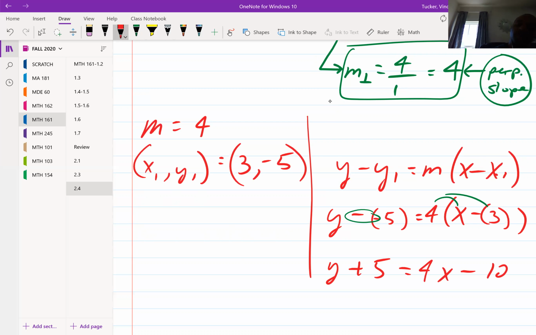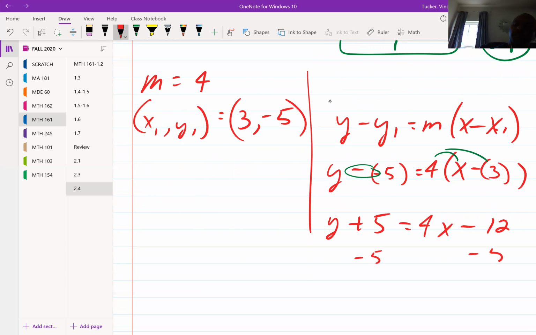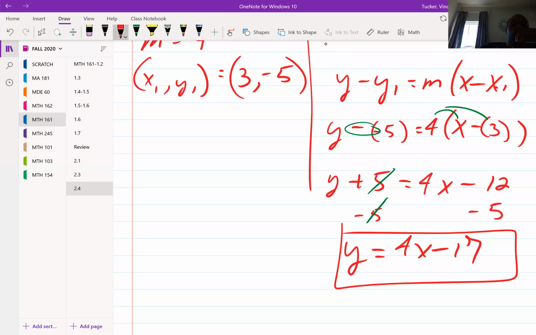That's 4x minus 12. Subtract 5. y is equal to 4x minus 17. So before we finish off the problem, questions.